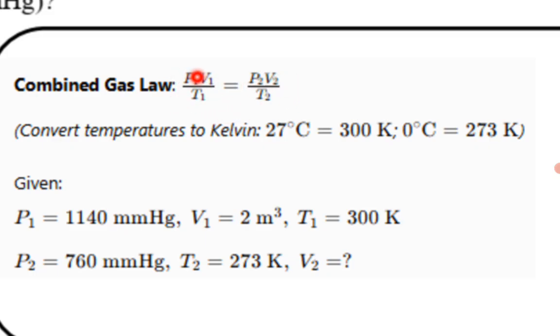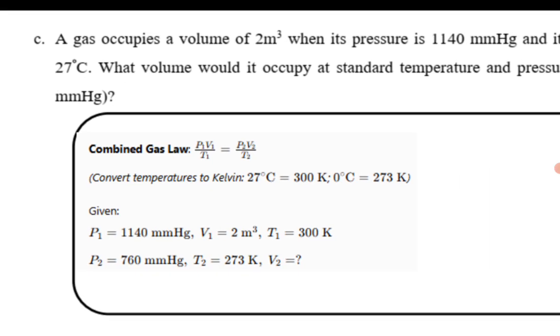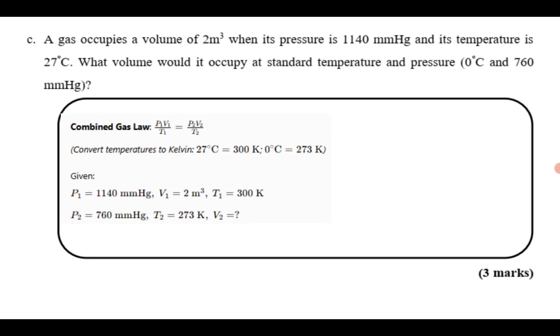So the law says that the initial pressure of the gas multiplied by the initial volume of the gas divided by its temperature is equal to the final pressure multiplied by the final volume divided by the final temperature. And also recall that the temperatures should be in absolute terms, meaning that it should be in kelvins.